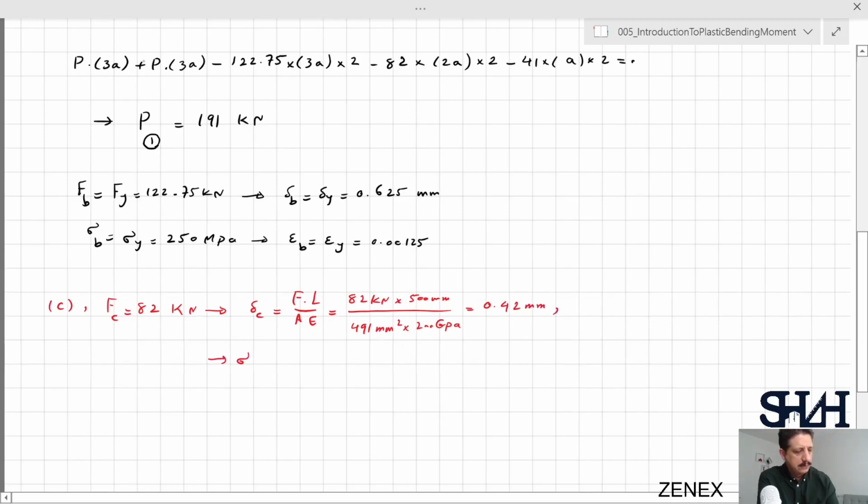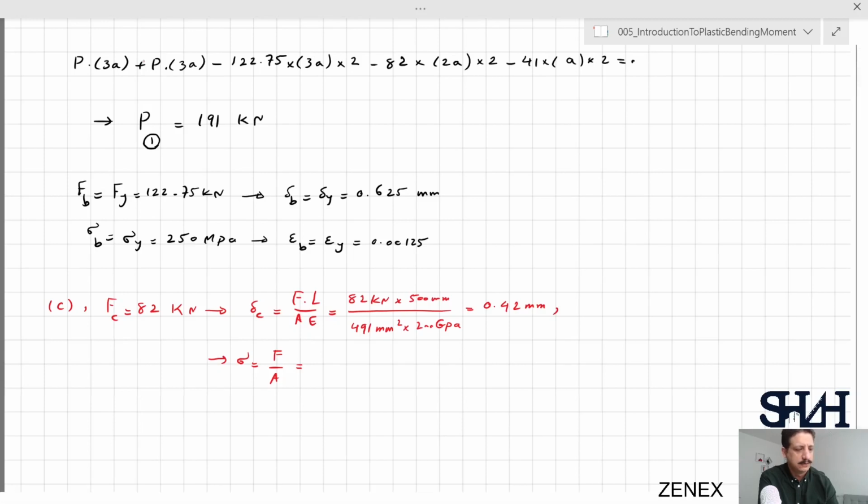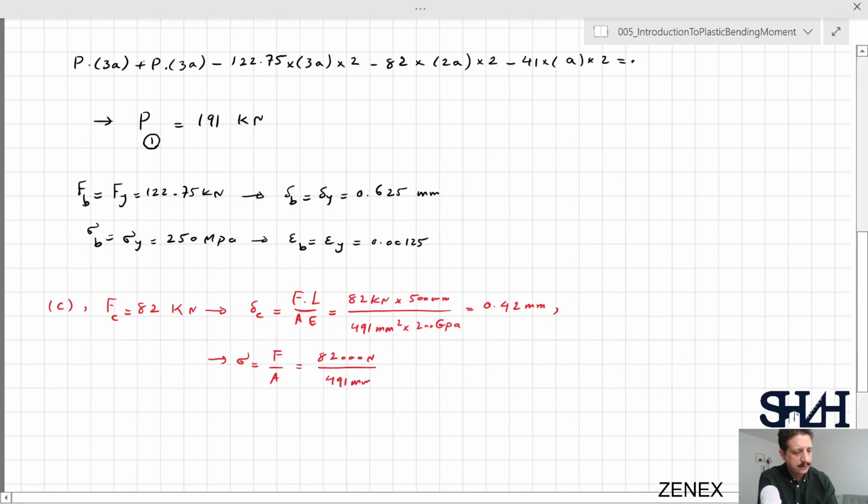Sigma is also F divided by area. It's a proportion of 2/3, so it should be 2/3 of 250. 82 kilonewton divided by 491 square millimeter, so it will be 167. And epsilon will be sigma over E, or you can calculate delta divided by L. It doesn't matter. So 167 megapascal divided by 200 gigapascal.